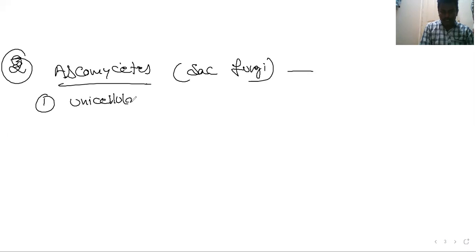Next, the second one is ascomycetes. It is called sac fungi, because ascomycetes produce sac-like structures. It includes familiar members like unicellular yeast.